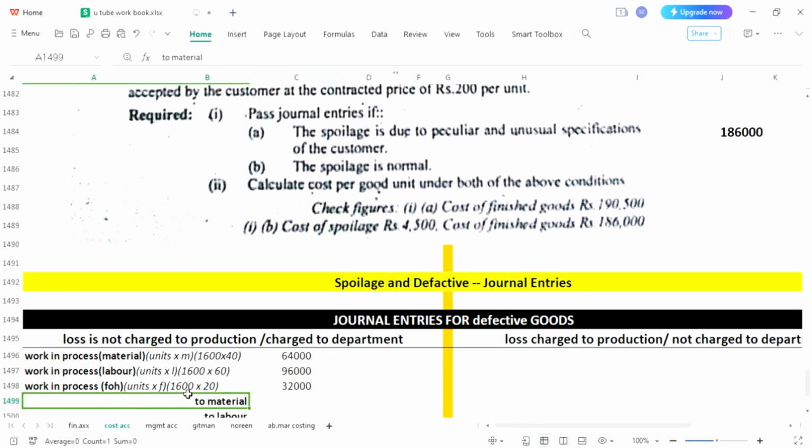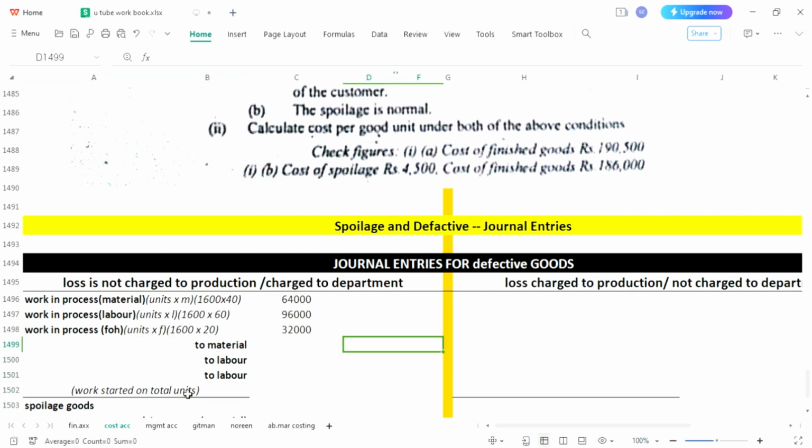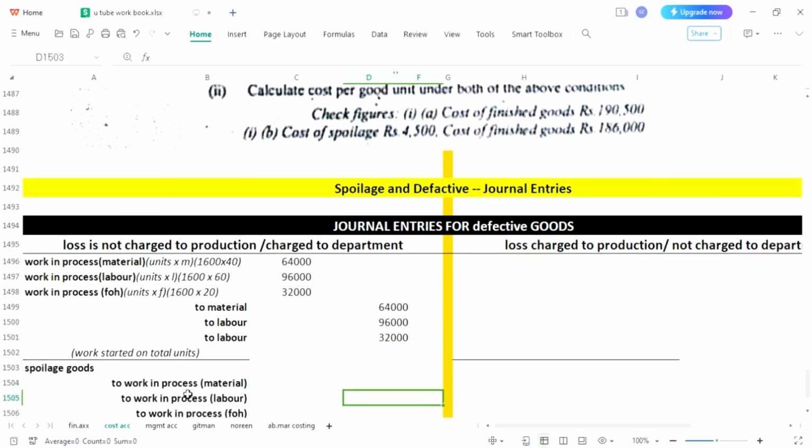All three amounts we have calculated, and as you know, the credit side is vacant, but we will apply a simple accounting principle over here. Debit side would always be equal to credit side. So whatever amount is written on the debit side, the same amount would be written on the credit side as well. In this way, the entry would be balanced.